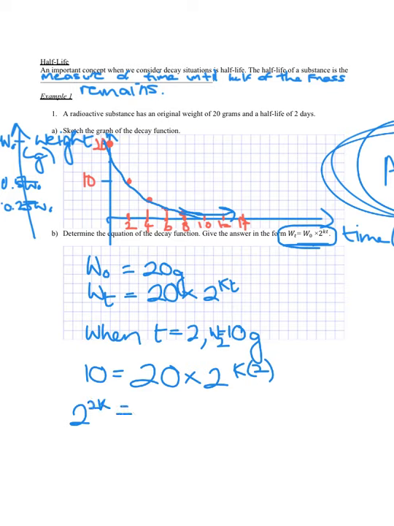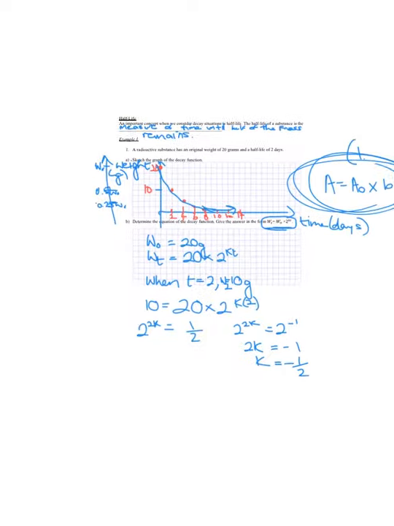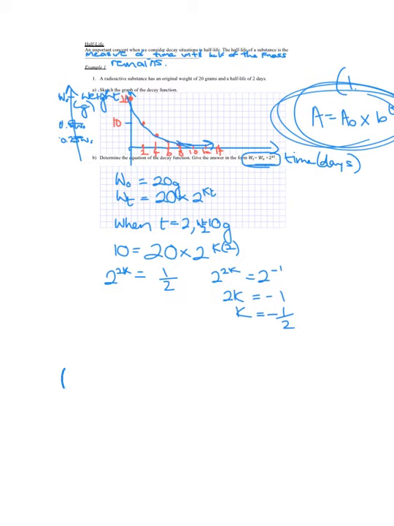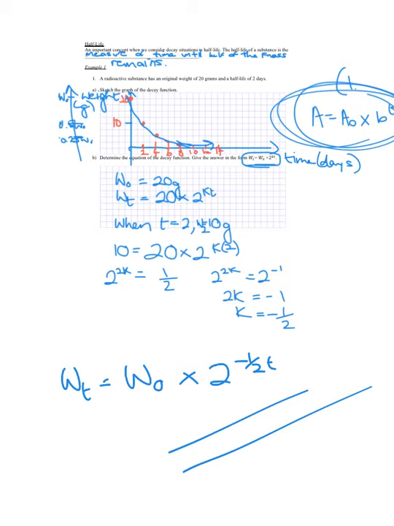If I divide both sides by 20, 2 to the 2k equals a half. So 2 to the 2k equals 2 to the negative 1. Therefore, 2k equals negative 1, and k equals negative 1 over 2. And so our final equation is Wt equals W0 times 2 to the power of negative a half t. Alright? And that's it. They're not hard. You just have to use the piece of information that you've been given. Hopefully that helps with some applications of exponential functions.